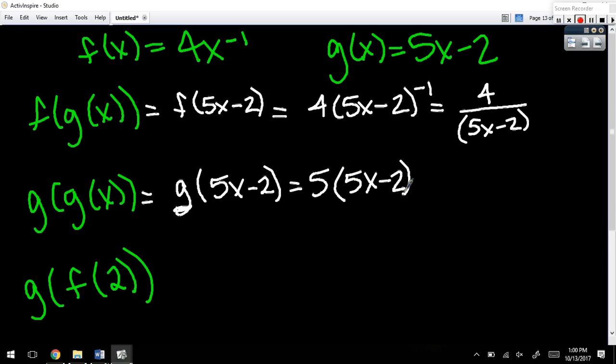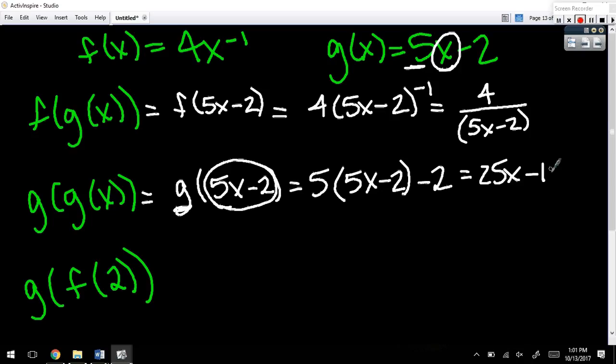Why is g 5? 5 times x. This is x now. So now I have 25x minus 10 minus 2, which is 25x minus 12.